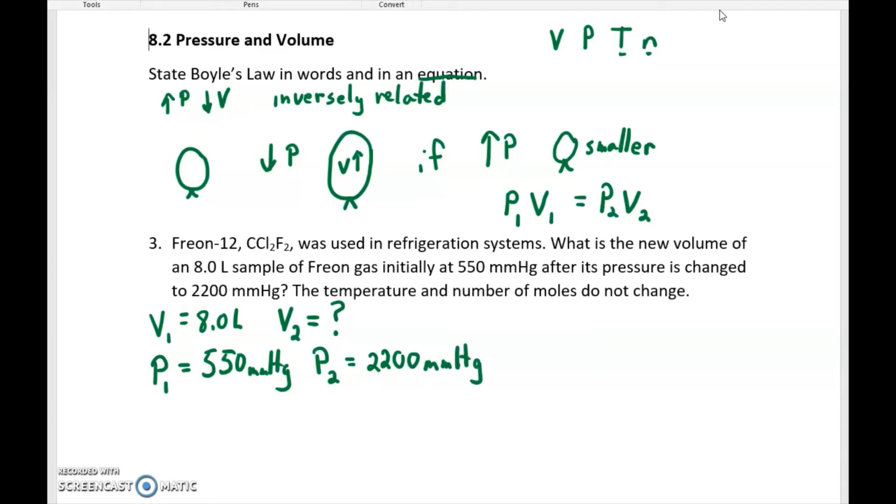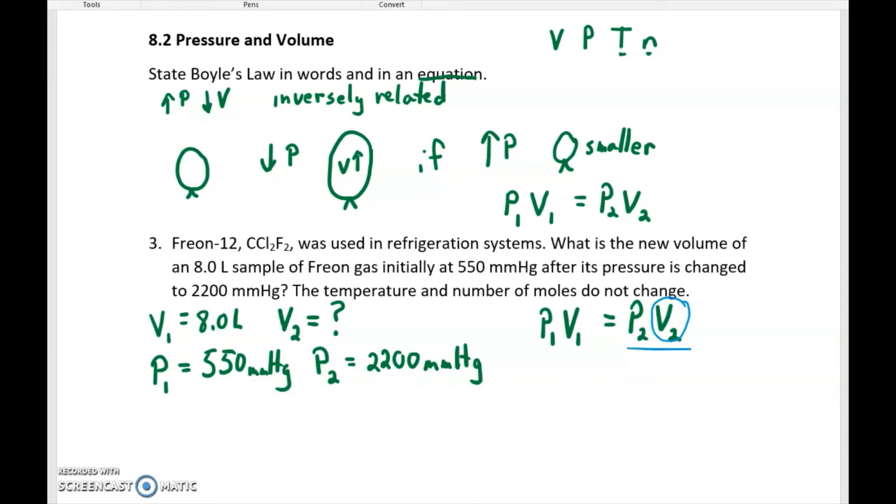So now we're going to use our Boyle's law. P1 V1 is equal to P2 V2. And it looks like we've got P1, we've got V1, we've got P2. This is the only one we don't have. We do not have V2. So we want to isolate it. We want to get it by itself.